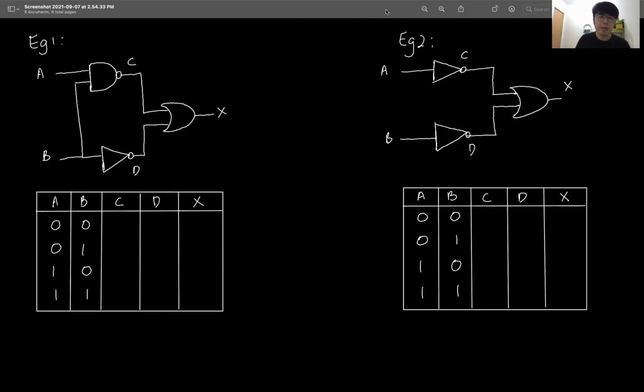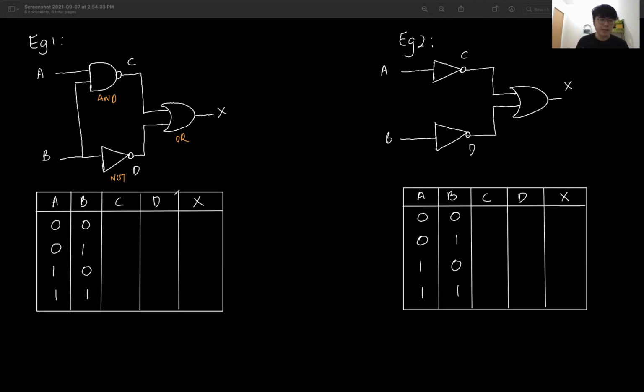Here I have a combination of circuits, right? So not only one, I have 3 here. What is this? This is AND gate, and this is NOT gate, and this is OR gate. Okay, I want to find the outcome X if I give it an input of AB.